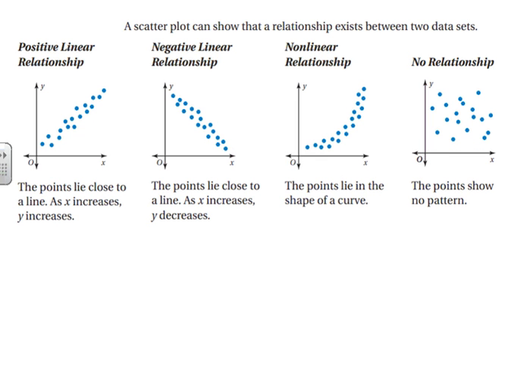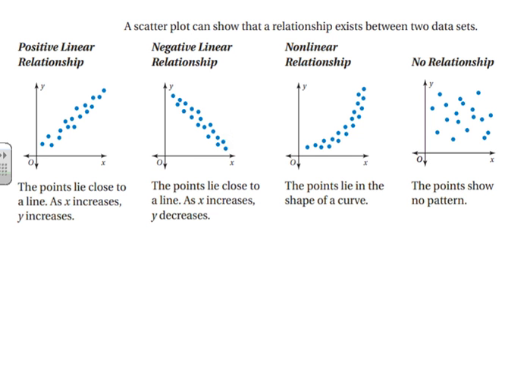So there are four different types of relationships that we're going to talk about in this video. They correspond with the types of slope that we've already worked on this year. So you have a positive linear relationship. That means if the x value increases, so does the y value.